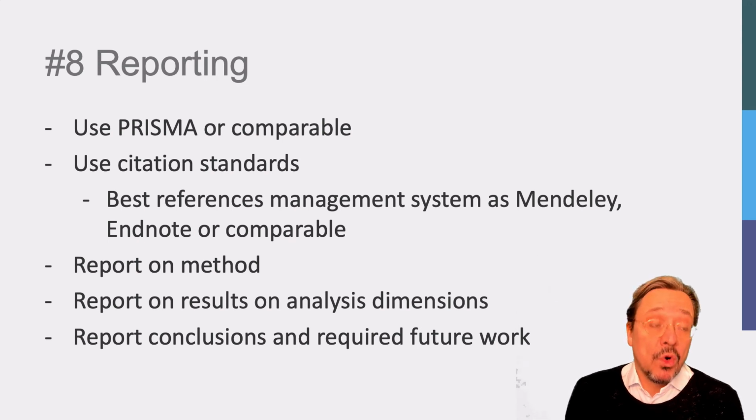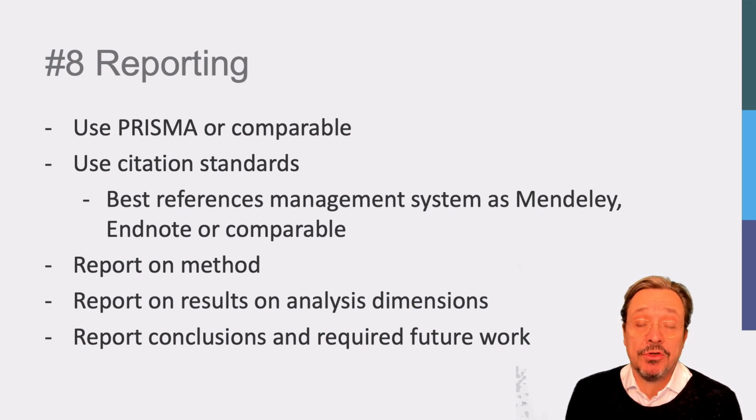You should, of course, use citation standards to collect all your publications. I highly recommend a reference management system. It can be something like EndNote, Mendeley, Reference Manager, Zotero, there are varieties of them, but use something like that to collect your references. This makes it much easier when writing up your reporting.